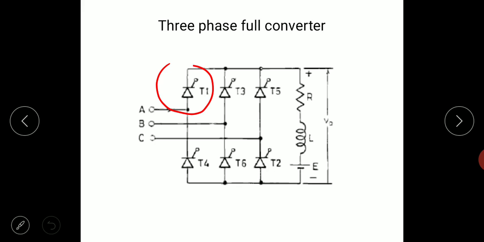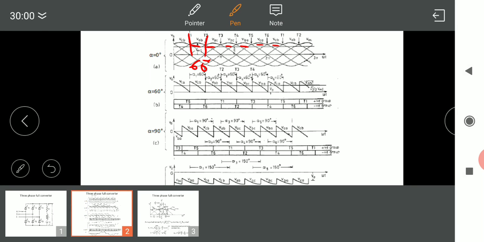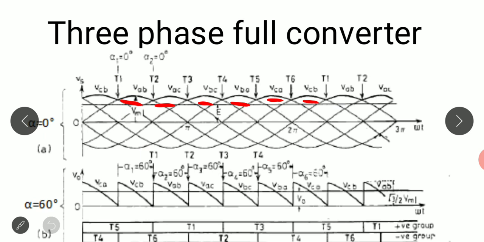So, if we want to trigger thyristor T1, from this figure you can see thyristor T1 can be triggered when T1 is forward biased. That means voltage A should be greater than voltage B and voltage C. A should be greater than B and C. So, if we go through these set of voltages, then you can see that in this interval, this is VAB voltage, means VA is higher than VB.